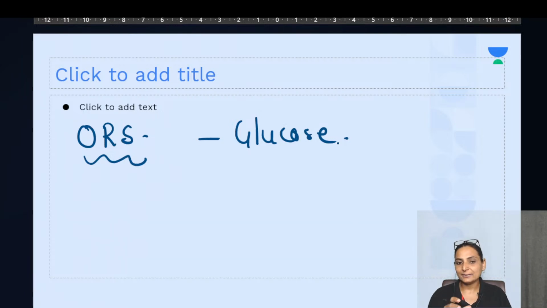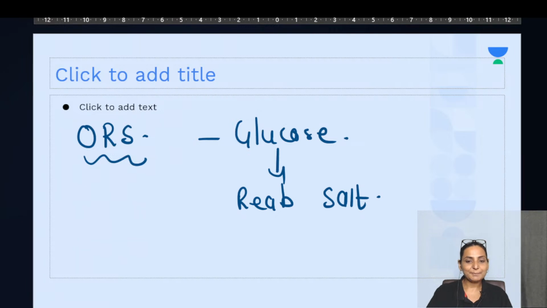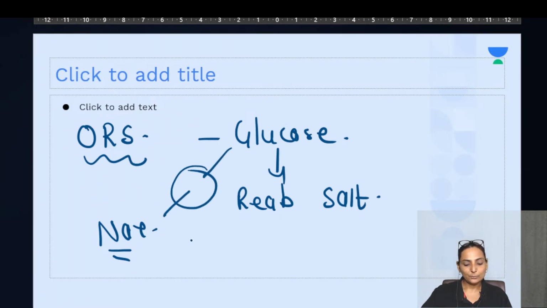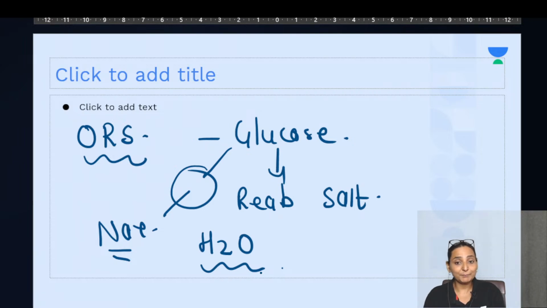Not only does it enhance the taste, but glucose reabsorption needs salt. That means when you add glucose, sodium gets reabsorbed. Glucose and sodium together create an osmotic effect and water will flow behind them. So just by adding glucose, you increase the reabsorption of salt and water.